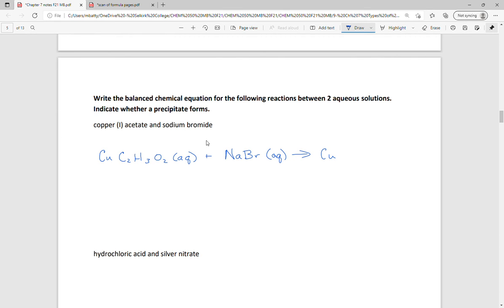So copper is now going to bond with the bromine, making copper 1 bromide. Don't know the state on that one. And the others are going to fill in the rest of the pattern of that double displacement. So sodium acetate. I always run out of room. Checking the states of these, I would find that my copper 1 bromide is my precipitate, and my sodium acetate is my aqueous solution. It's still soluble.